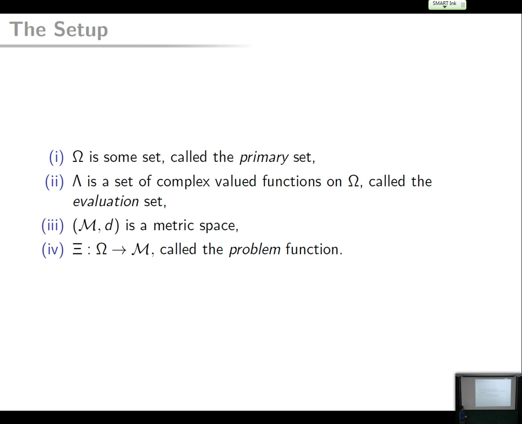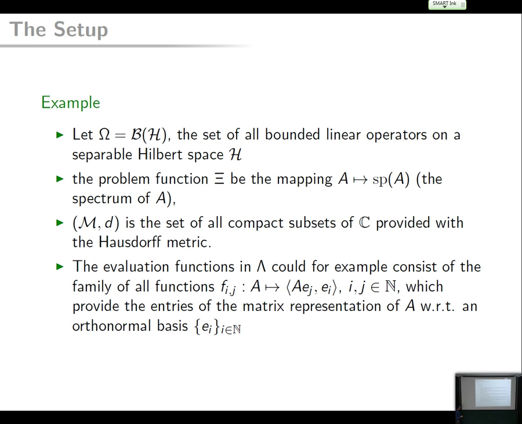A very simple example would be this. Okay, here these would be the complex subsets. Information J simply gives me the matrix coordinates.